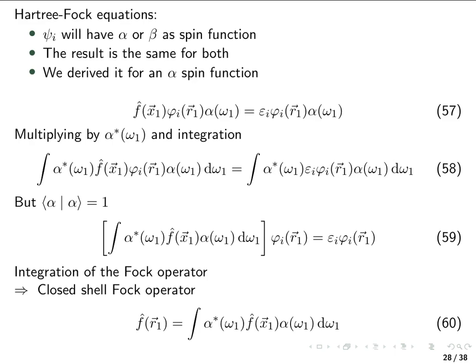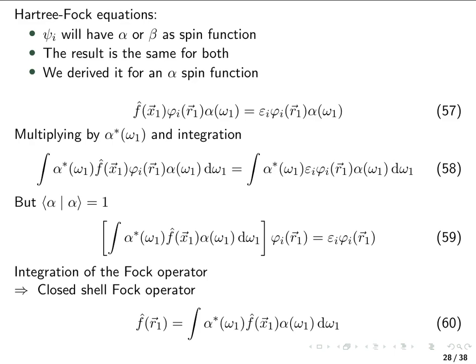So I get here this integral over the Fock operator, which depends on spin still, because the Fock operator includes spin orbitals, multiplied on here by the spatial orbital. And this integral here over the Fock operator expressed with spin orbitals multiplied with the spin function, that is our closed shell Fock operator, or is going to be our closed shell Fock operator.